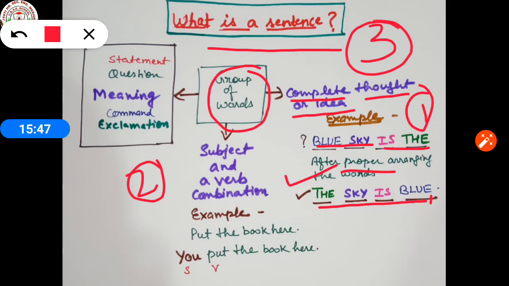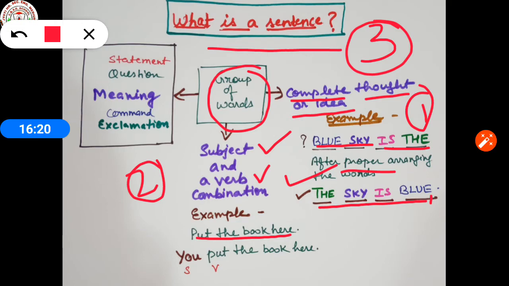The second, a very important characteristic of a sentence, is that it must have a subject and a verb. Sometimes the subject is not given, but it's understandable. For example, put the book here.